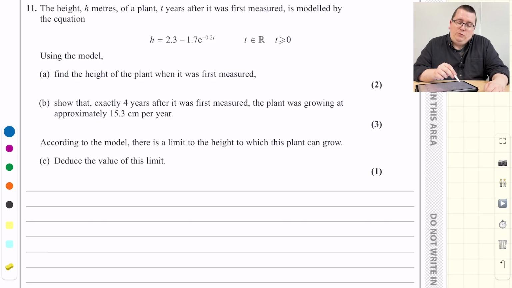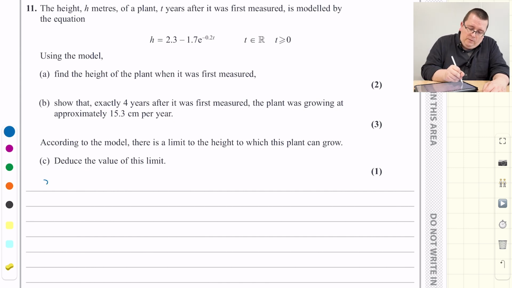So this is question number 11. The height, h meters, of a plant, t years after it was first measured, is modelled by the equation h equals 2.3, take away 1.7 e to the minus 0.2t, where t is a real number and t is greater than or equal to 0. Using the model, part A, find the height of the plant when it was first measured.